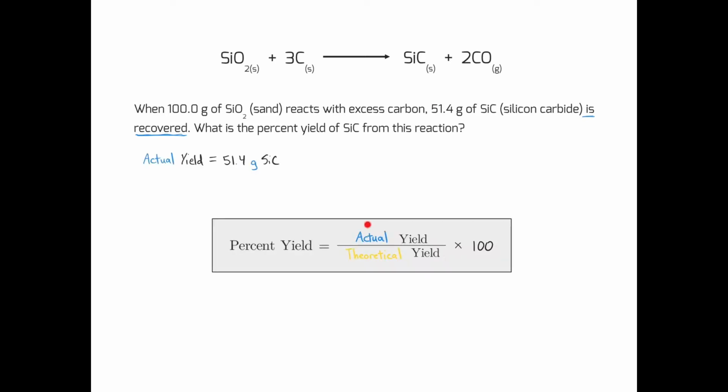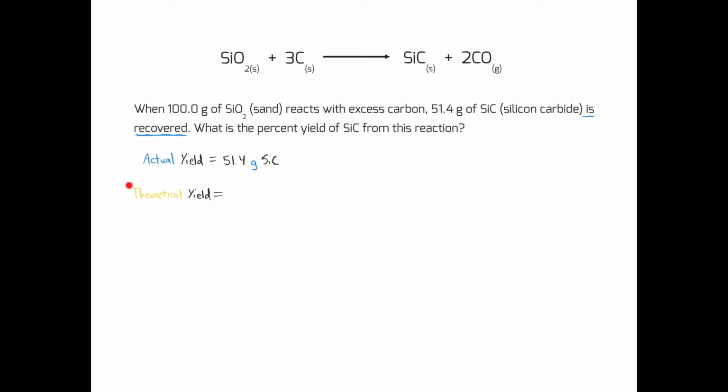So since we have the actual yield, all we have to find now is the theoretical yield. And remember that theoretical yield is a calculated value, which means that we're going to have to convert 100 grams of silicon dioxide to grams of silicon carbide.